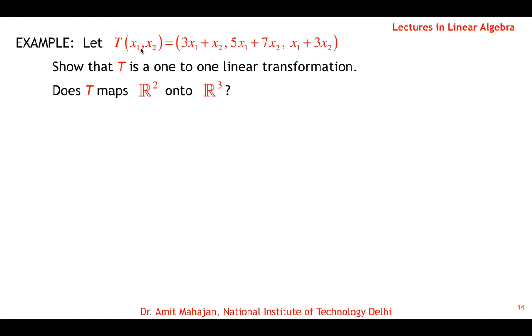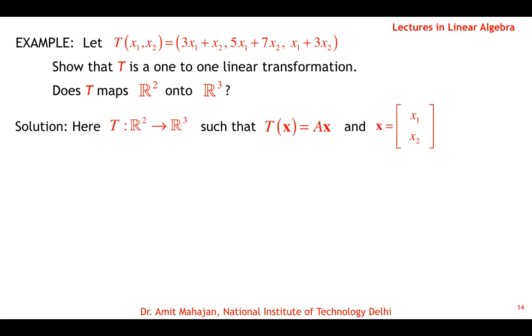So let us first find the matrix A. If I write T of x as Ax, then I can easily see what my A matrix is. Here T is a mapping from R2 to R3. Clearly the vector x has two elements and Tx has three elements, so that's R3, such that Tx = Ax, and x is of the form (x1, x2).